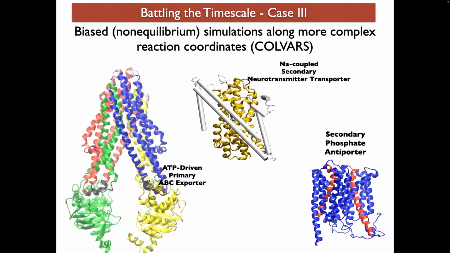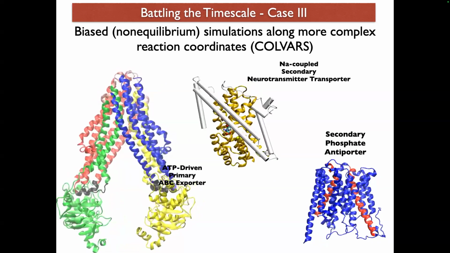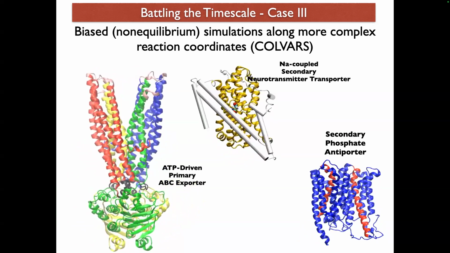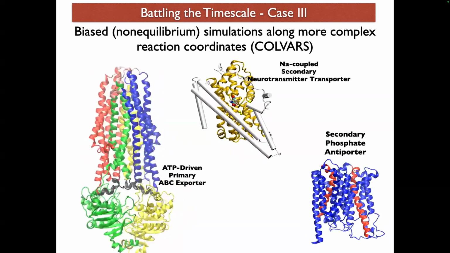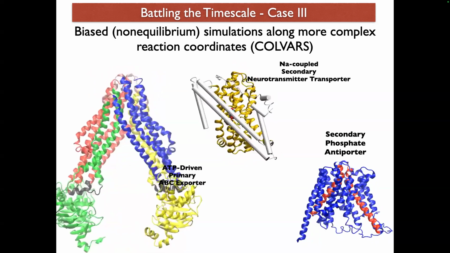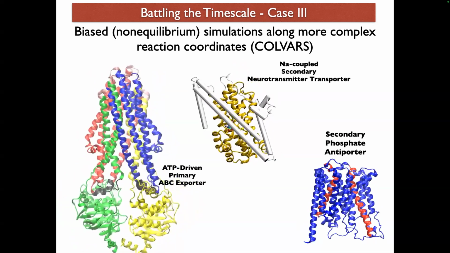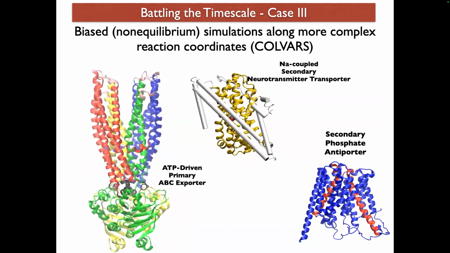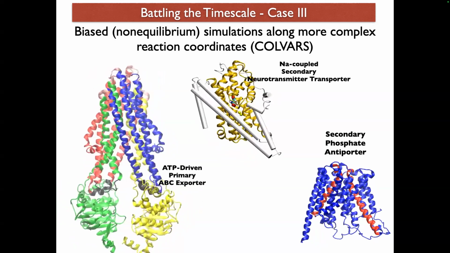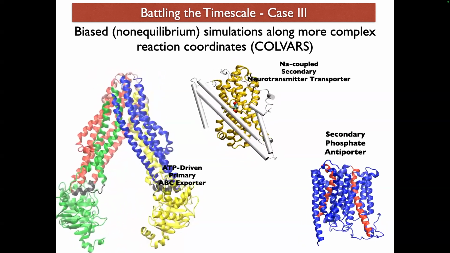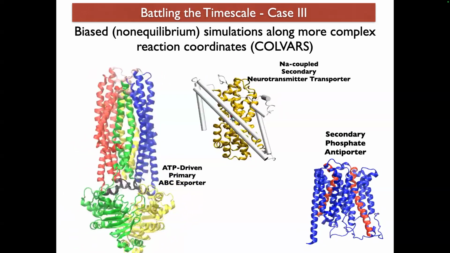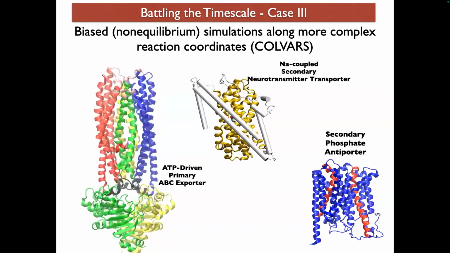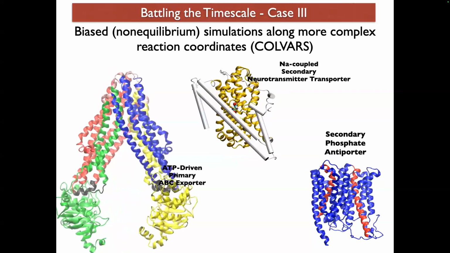Case 3: now you can take SMD, or a steered or biased simulation, and apply this, instead of to one atom or a small group of atoms, to actually complicated groups of atoms and describe very complicated types of motions in the system. For example, here in this blue-red case on the right side, I'm going to change the orientation of these two halves of the protein like this, change the angle between them using what we call collective variables.